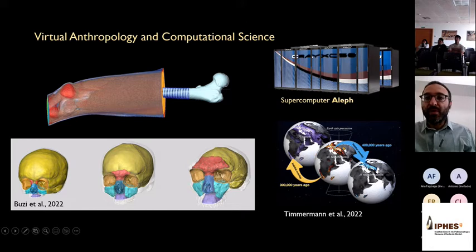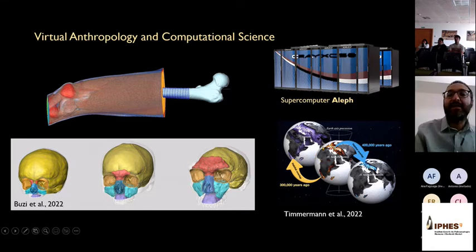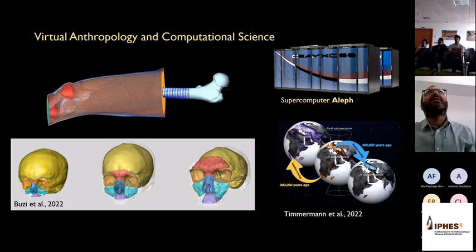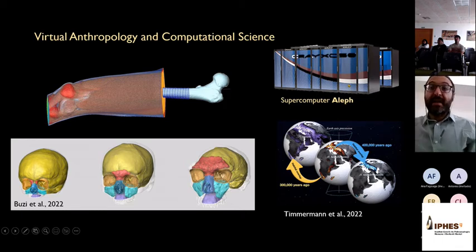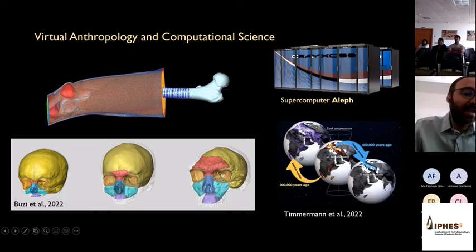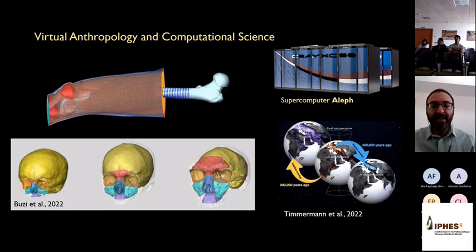In this work, Timmermann and colleagues emulate different climate variables over the last 2 million years. To do that, they used one of the most powerful computers in the world, a supercomputer. It took about 6 months to produce this kind of data. During this presentation, I would like to show you a different strategy to share your data.